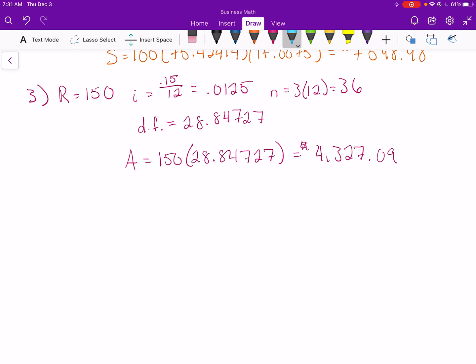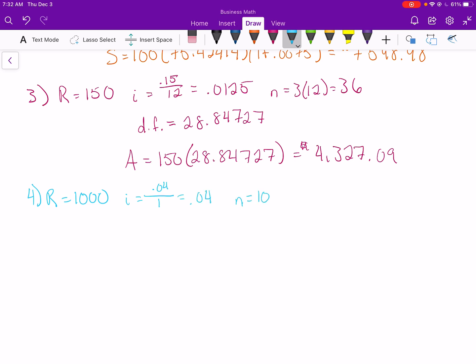For number 4, Mrs. Spector is updating her will and she wants to leave her granddaughter $1,000 a year for 10 years after her death. How much money will her executors need to invest at 4% compounded annually to accomplish this? Okay, again, we're going to be looking for the present value because how much do they need now? So similar, our R, they want $1,000 a year. I is 4% divided by 1, because it's annual, so it's just 4%.